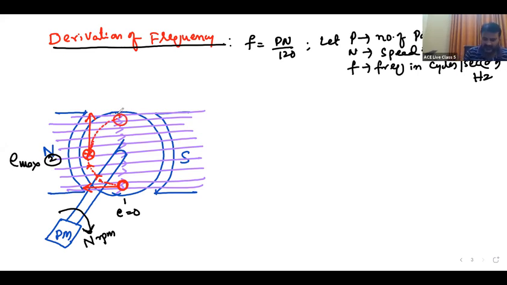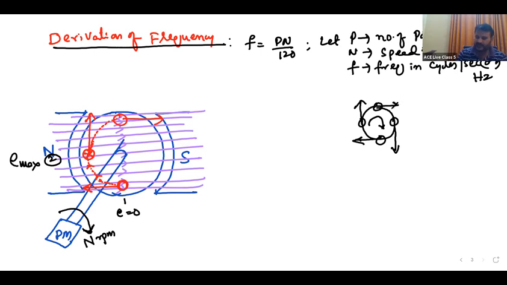The conductor moves like this. Are you getting it? Here, the conductor always moves in the tangential direction. For example, if you take 4 conductors here and the rotor rotates clockwise, this conductor will move downwards, this one in this direction, and this one like this.